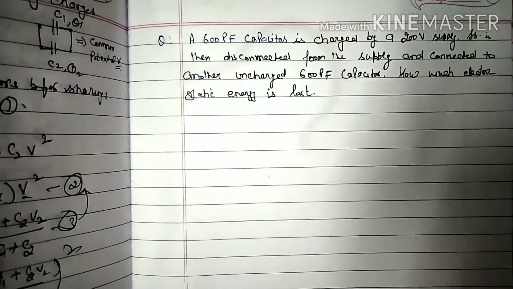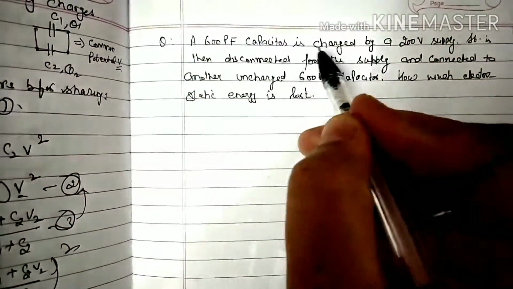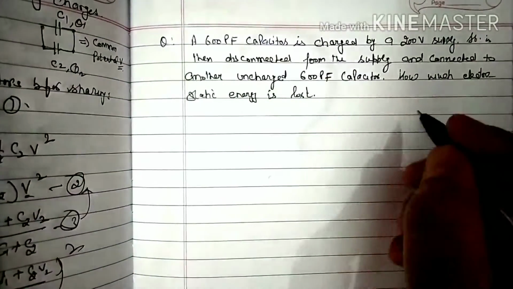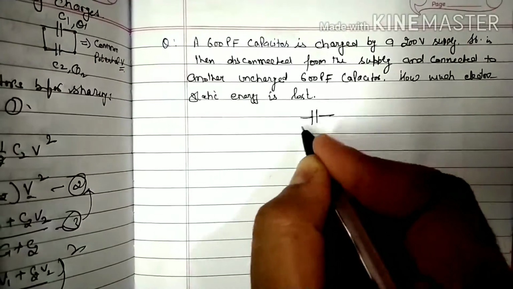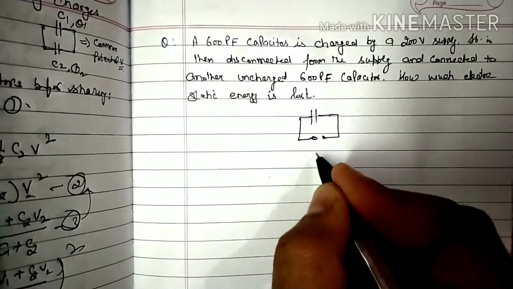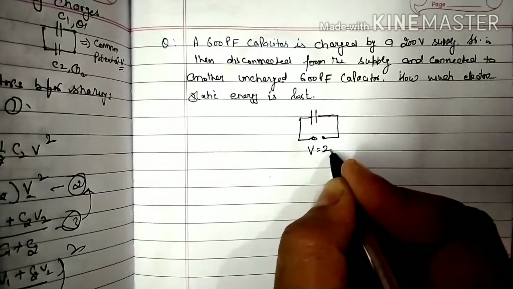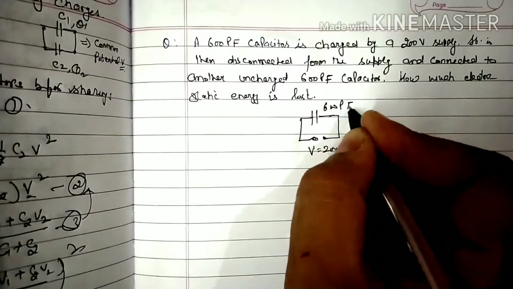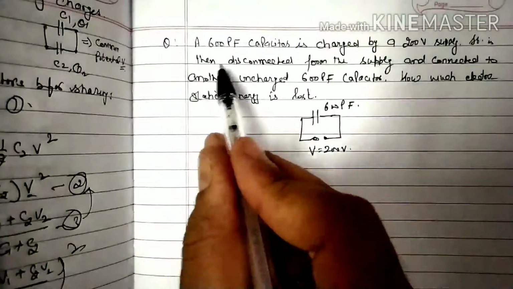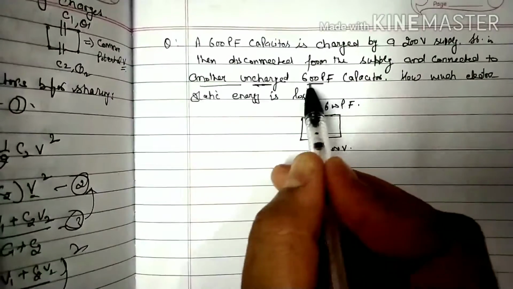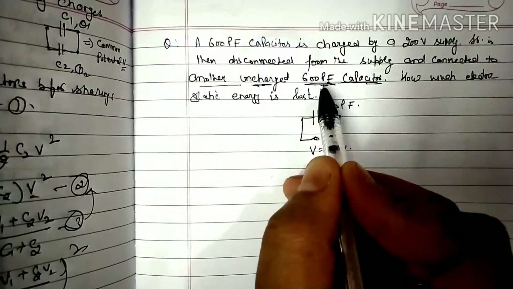So here the numerical is: a 600 picofarad capacitor is charged by a 200 volt supply. We have a capacitor, charged with a battery of potential 200 volt, and the capacitor has 600 picofarad. It is then disconnected from the supply and connected to another uncharged capacitor of the same capacitance, uncharged 600 picofarad.